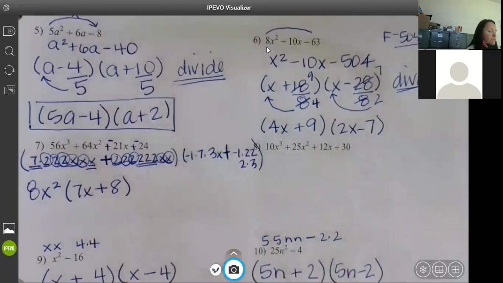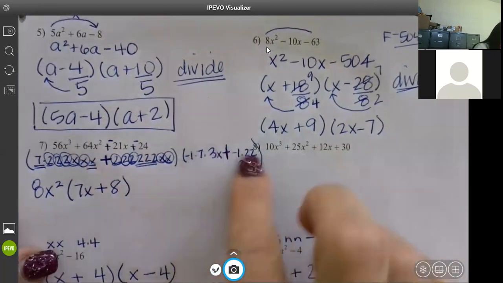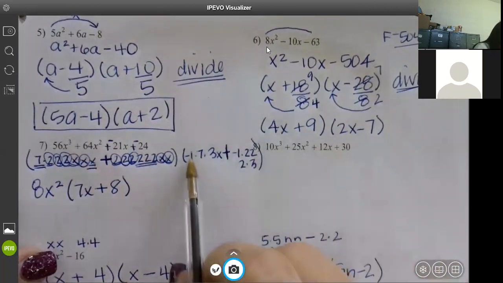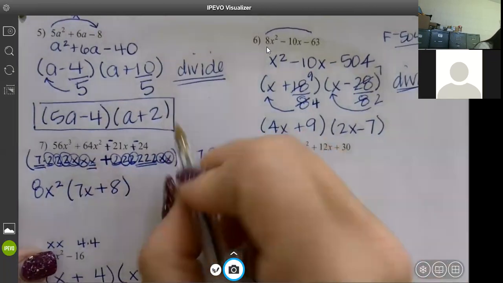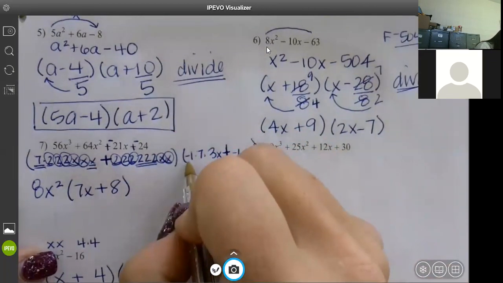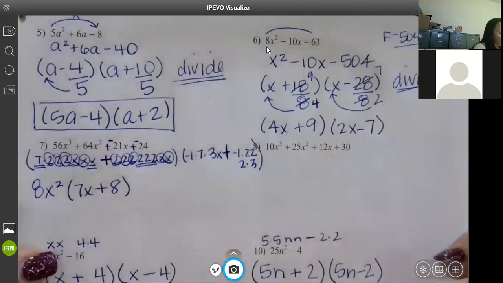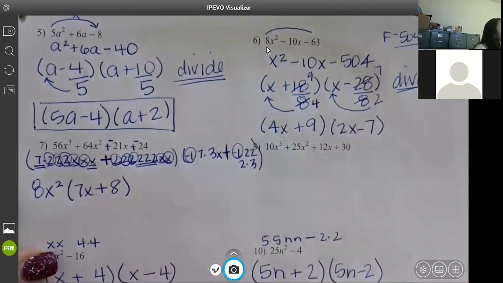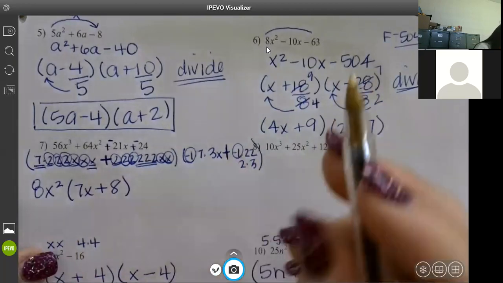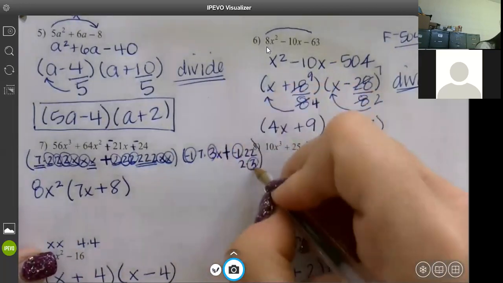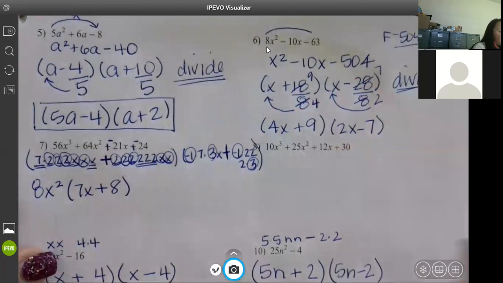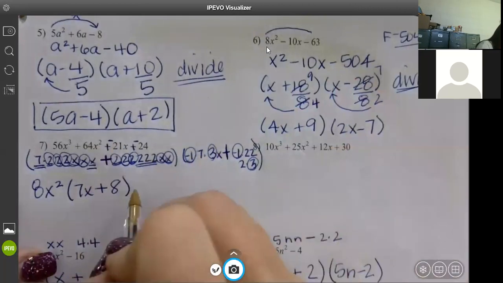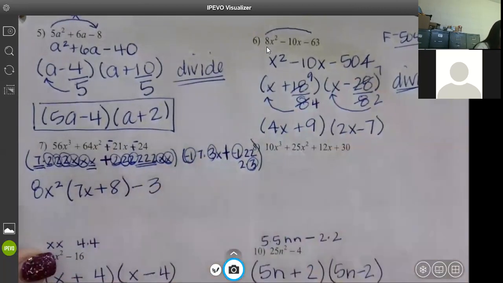Look at your next one. What do the two have in common? Is there a -1 in each of them? Yes. Is there a 7 in each one? No. Is there a 3 in each one? Is there an x in each one? No. So the only thing I have is -1 times 3, which is -3.